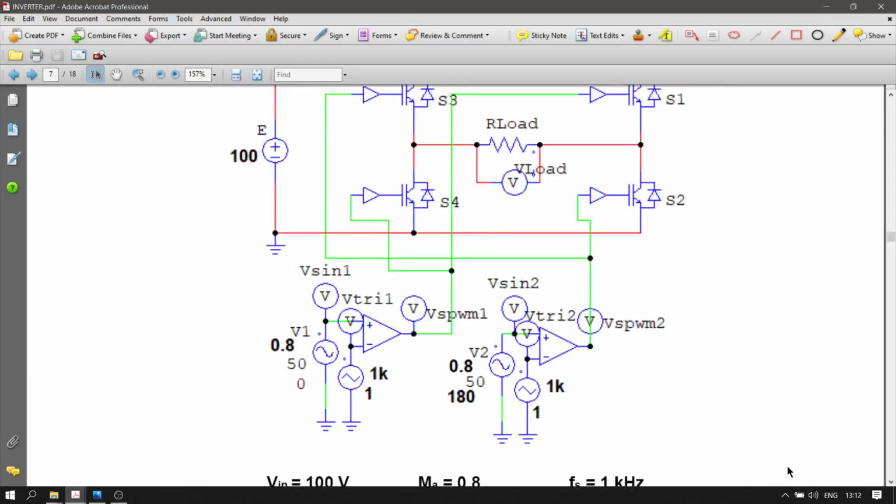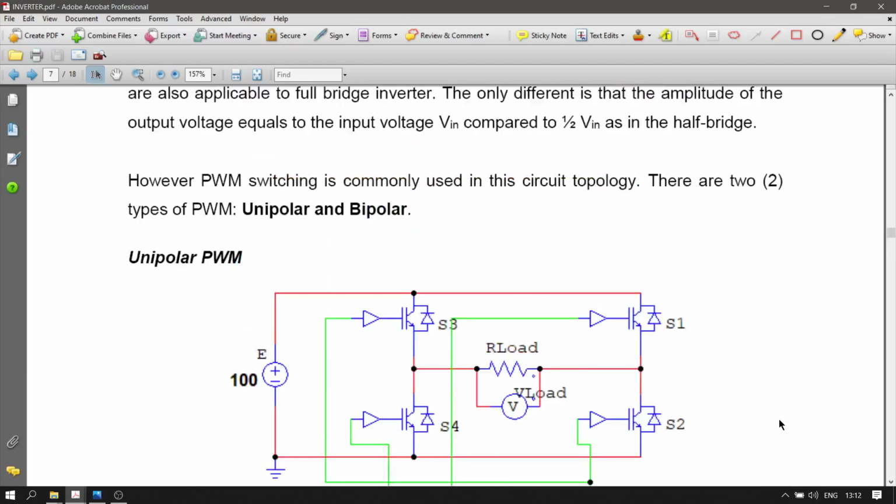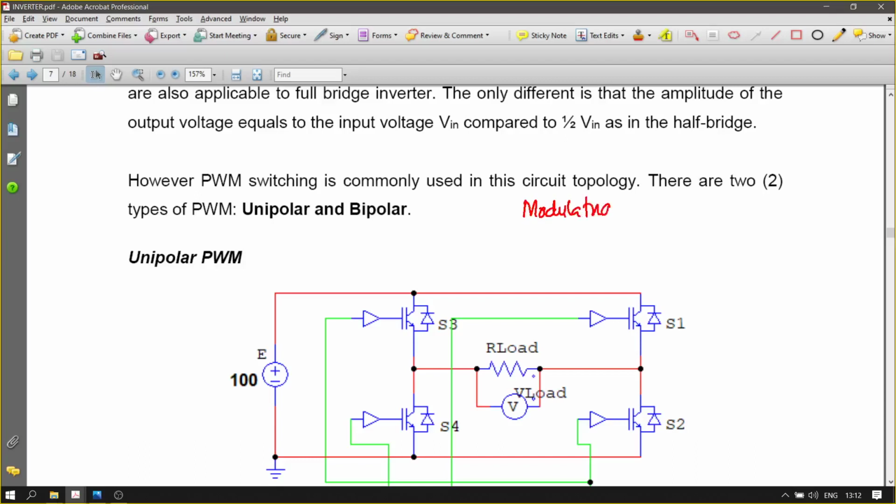So, how do we identify whether it's a unipolar PWM or bipolar PWM? It is simple. Remember, to produce the PWM signals, we need to compare the modulating signal with the carrier signal, isn't it?